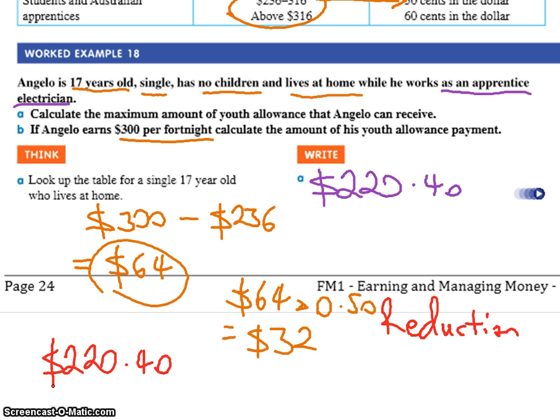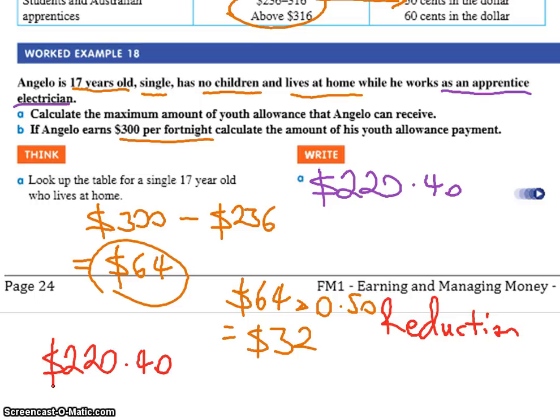He gets $300 from his pay as an apprentice, plus the maximum allowance of $220. But it has to be reduced because he earns $64 more than the minimum.